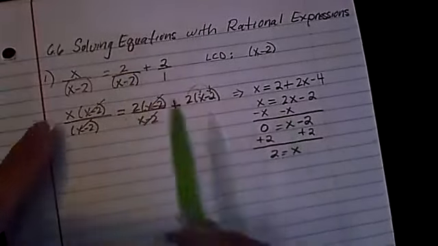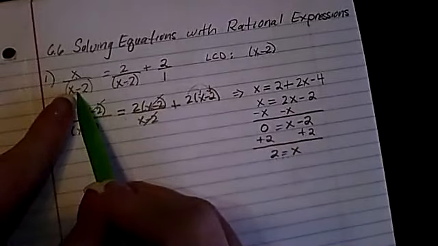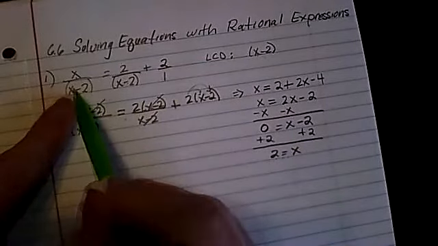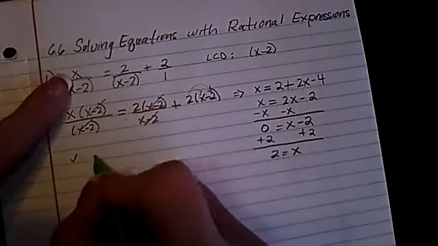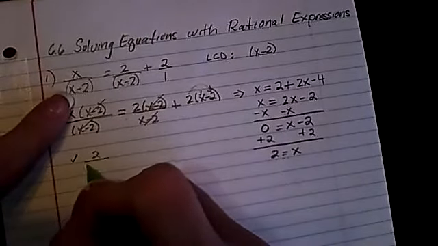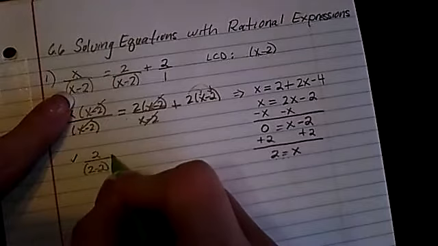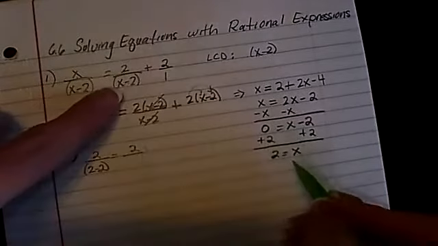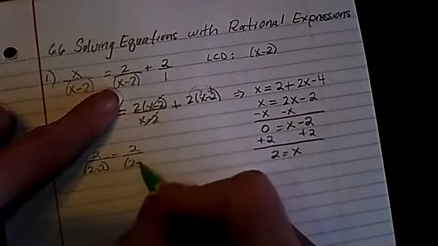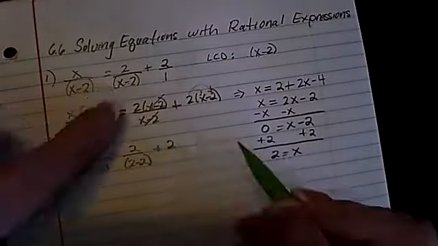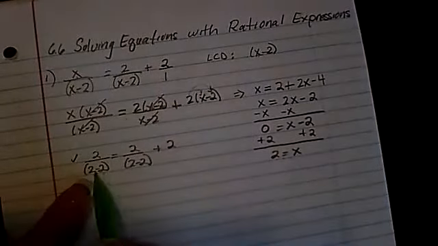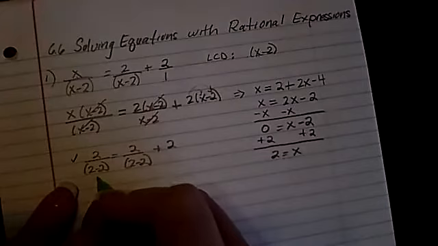But what happens when I put a 2 in right here? I'm just looking at the first part, so I would put a 2 in for x right here, plus 2. I don't have to put it over 1. So that becomes 2 over 0.